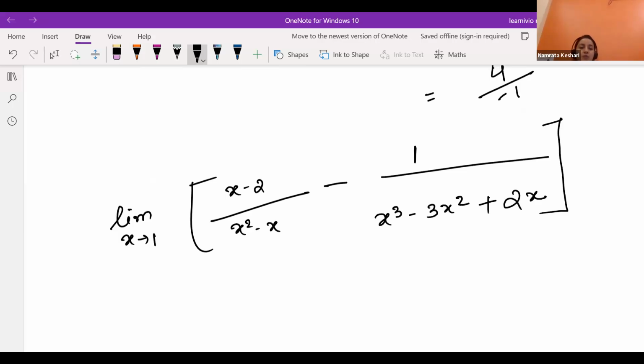Basically, you will be substituting and checking whether we are going to get 0 by 0. So 1 minus 2, think about it, is minus 1, and again 1 minus 1 is 0 we are getting.